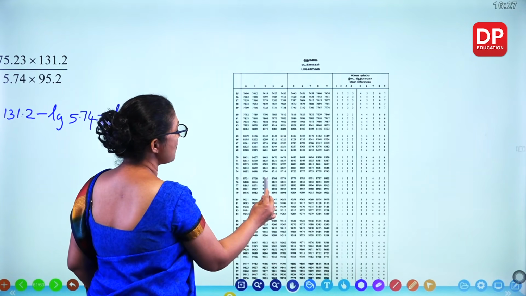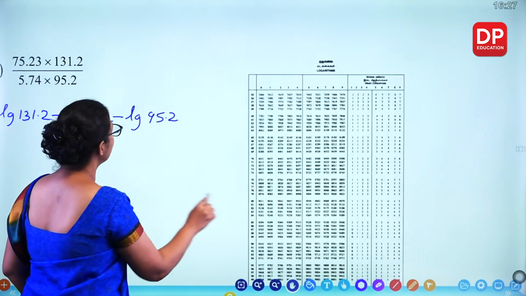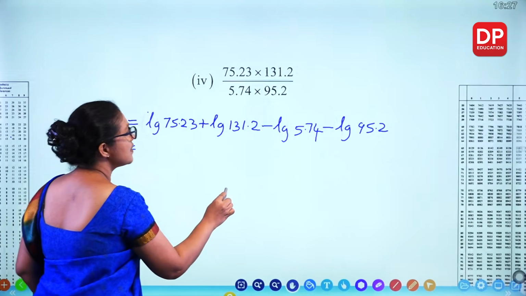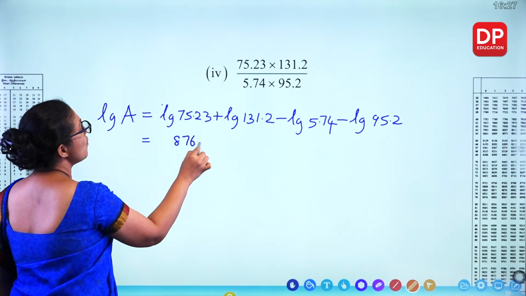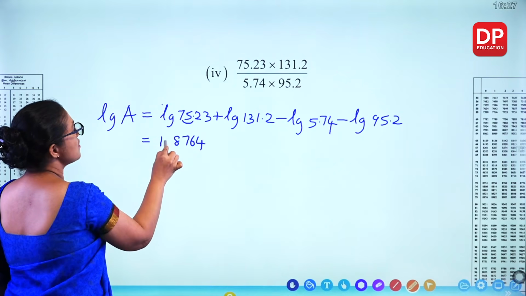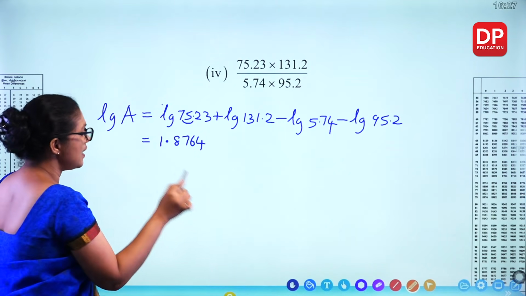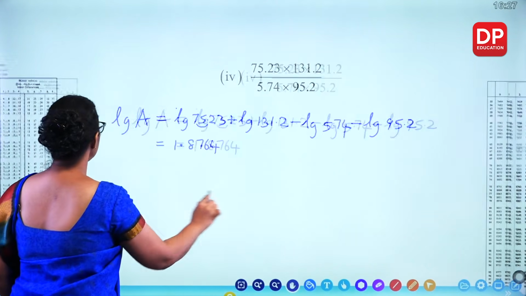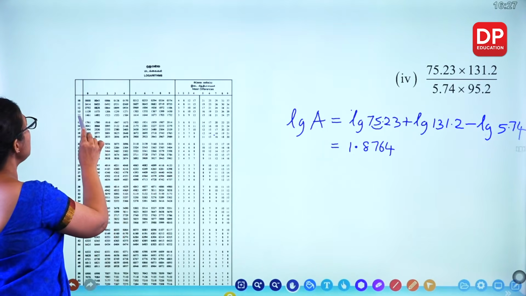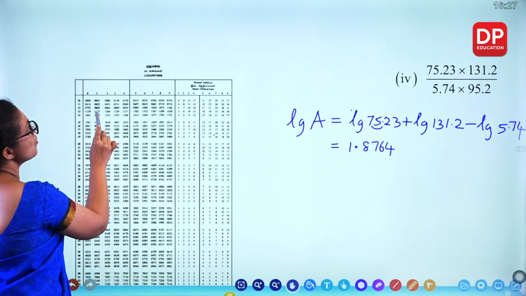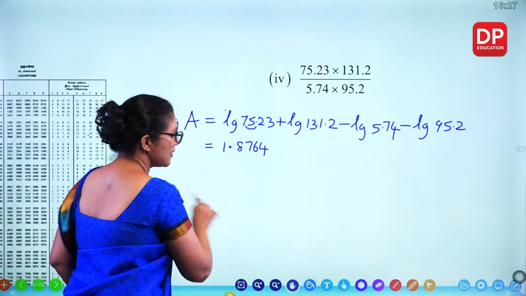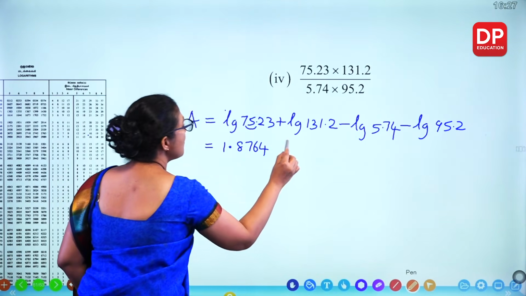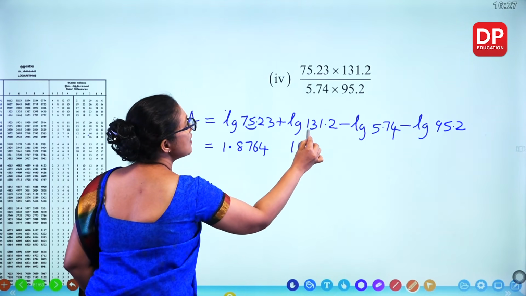So 87 64. Characteristic is 1. 13 1 2. 2 is 6. 11 79.